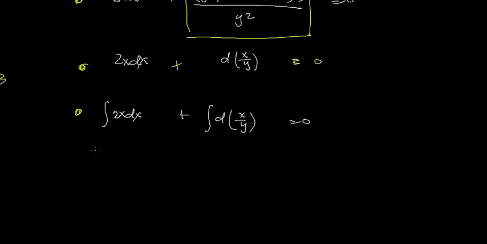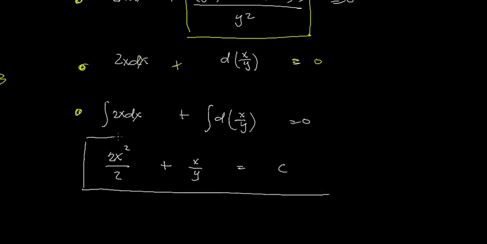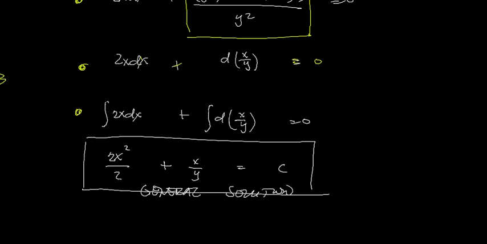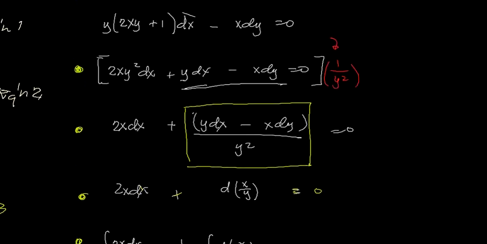By doing that, we have 2x squared all over 2 plus the integral of this derivative, we have x over y is equal to c. So this is now our general solution.